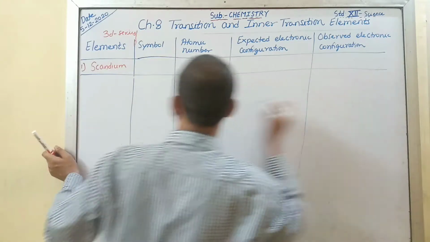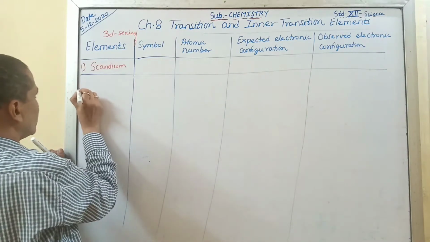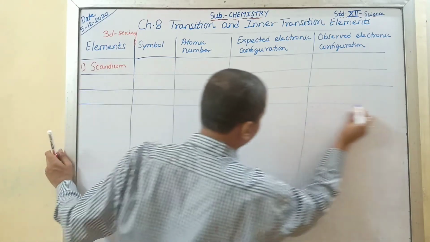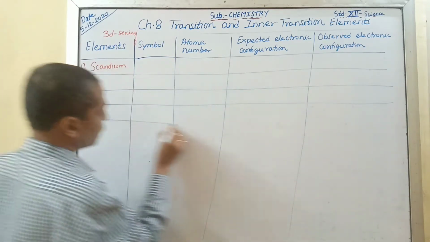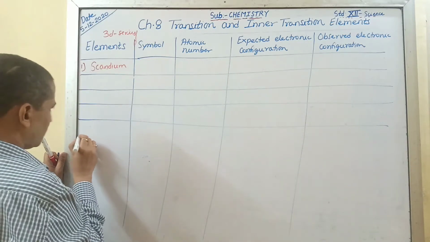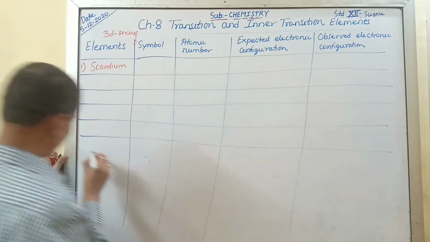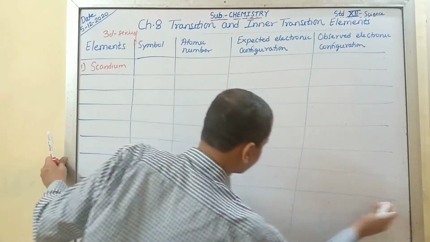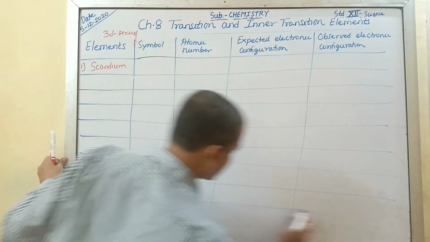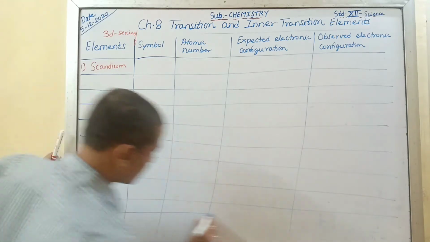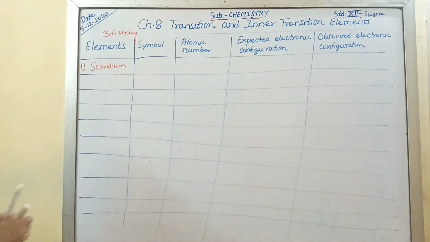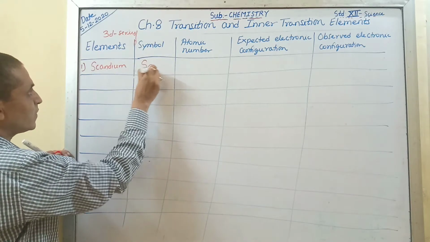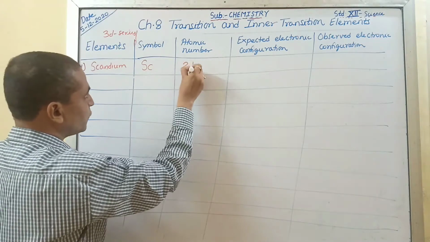Scandium, and numbers 1 to 10. Now first is scandium, whose symbol is Sc and atomic number 21.